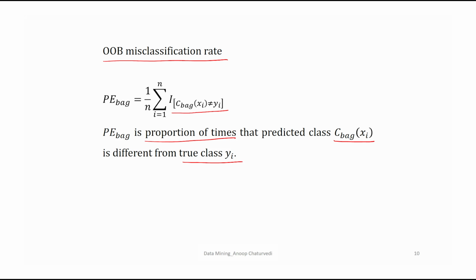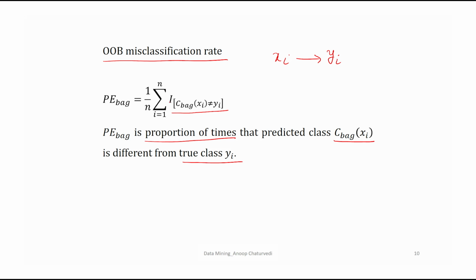Notice that the true class corresponding to xi is yi, and C bag xi not equal to yi means the predicted class, which is C bag xi, is different from yi, or there is a misclassification of xi.